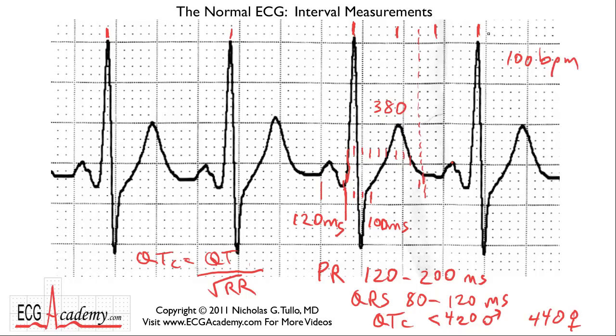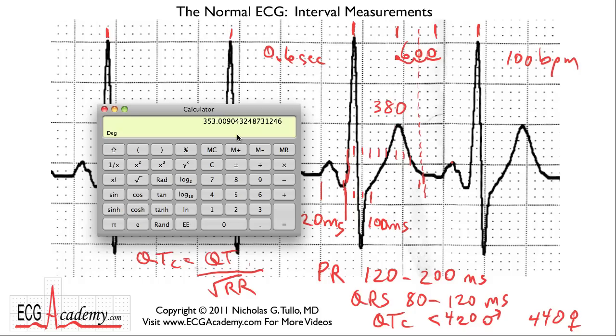So if the R to R interval is 600 here, because it's three heavy boxes, that's how many seconds? 0.6 seconds. That's 600 milliseconds. If this is 600, you bring the decimal point back to the left 3 spaces, 1, 2, 3, and you get 0.6. So let's bring our calculator in here.